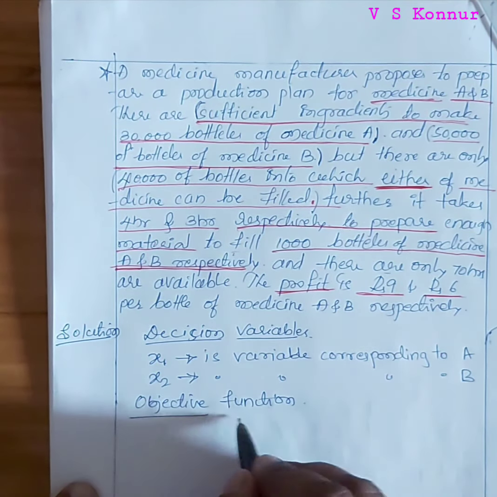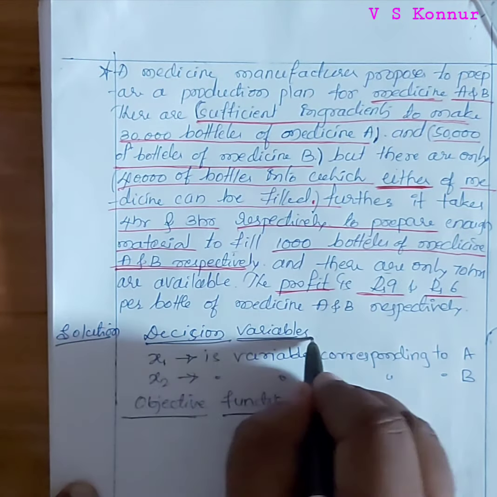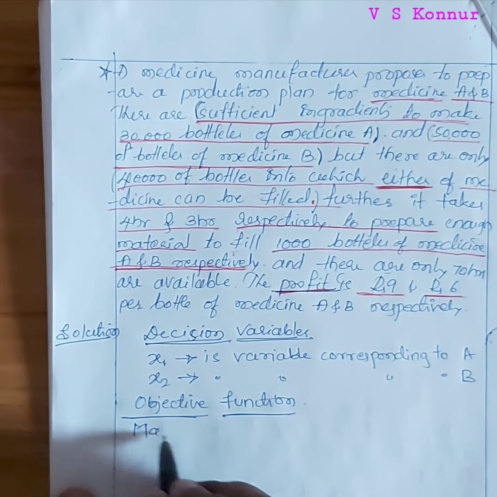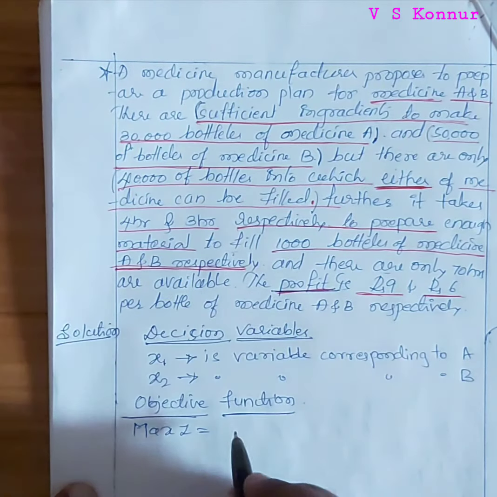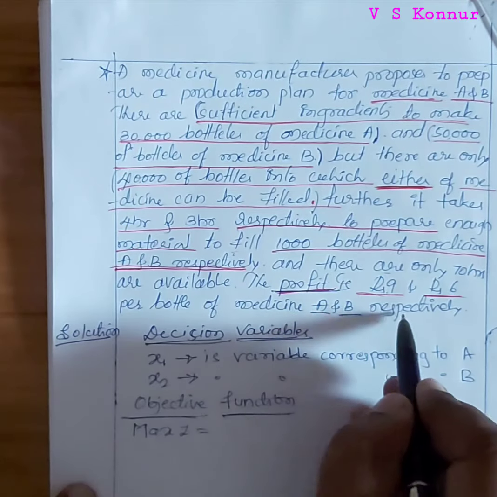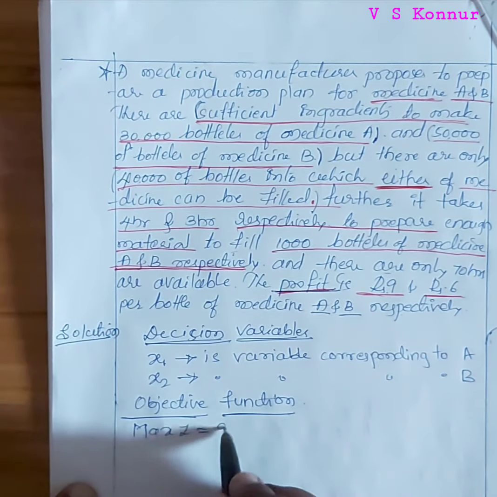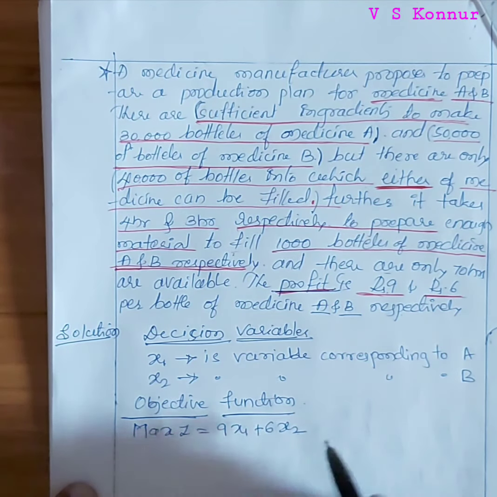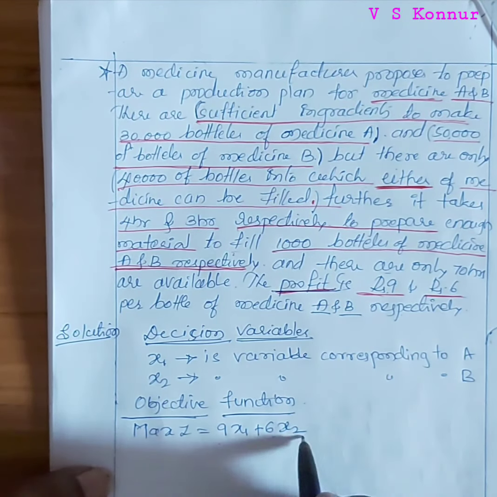So the objective function always depends upon profit or loss. Now it is having a profit, meaning max objective. Directly write max if it is a profit type. Then profit is rupees 9 and rupees 6 per bottle of medicine A and B respectively. So 9 for A, 6 for B, that is 9x1 plus 6x2.